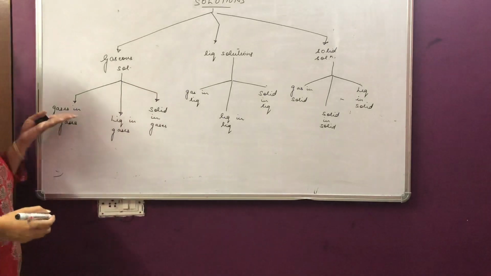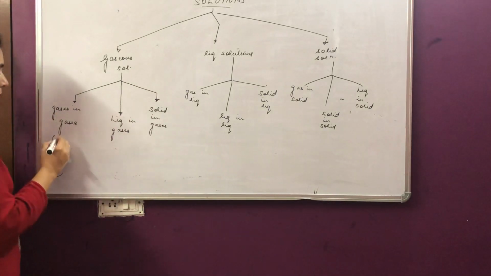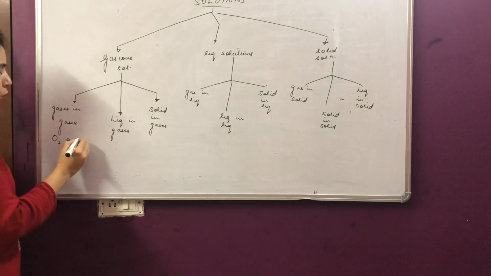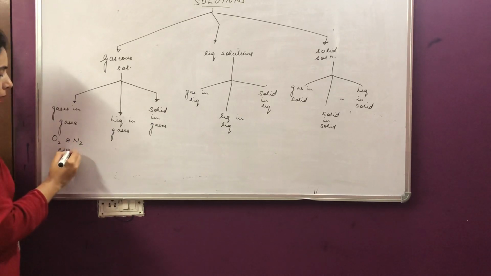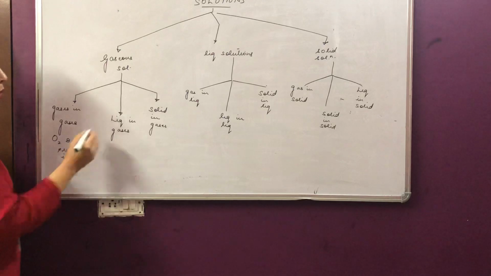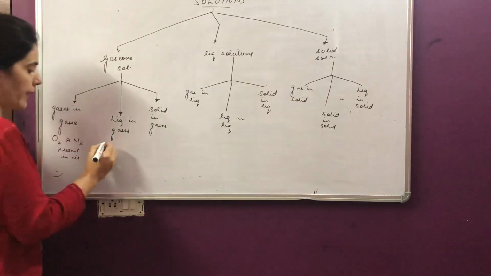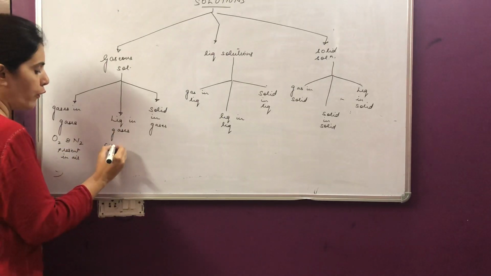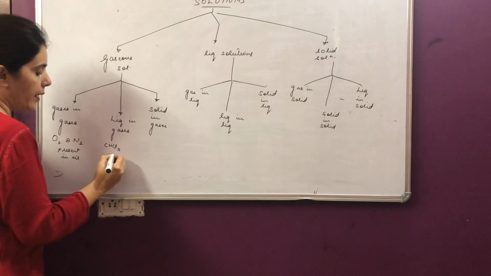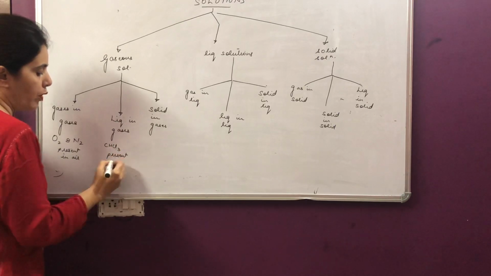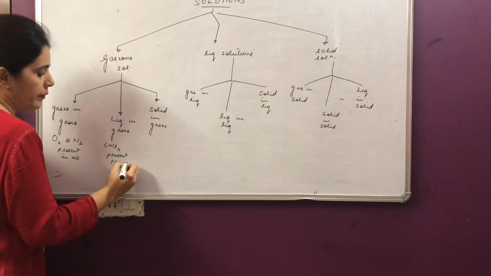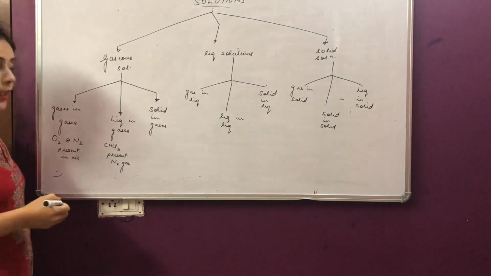What is the example of gas and gas? It is oxygen and nitrogen present in air. What is the example of liquid in gas? It is chloroform present in nitrogen gas. What is the example of solid in gas?